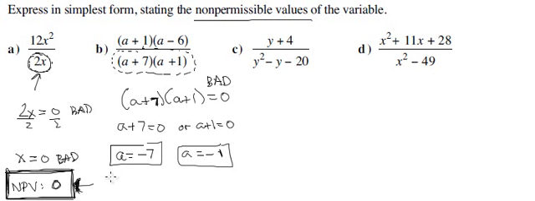It depends on the person how they express these. Some people give these as a list and say the non-permissible values are a is negative 7 or a is negative 1. Others will put a not equals here. They'll say what you should be putting on your function is a must never be negative 7 or a must never be negative 1.